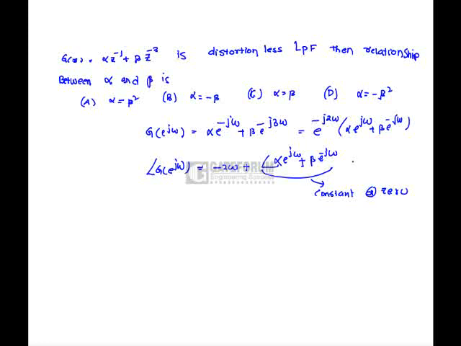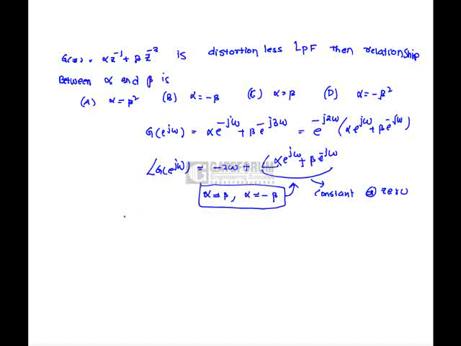For that to happen, alpha equals beta is possible, and alpha equals minus beta is also possible. For these two combinations, the angle is going to be real, that is 0.